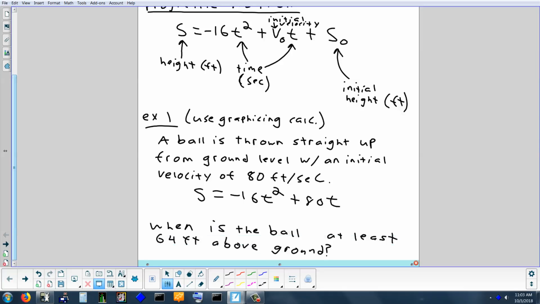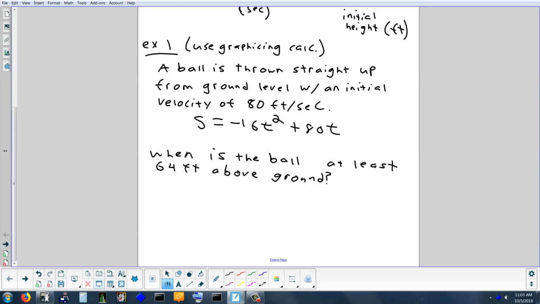So that's a formula that tells me my height of my object under these conditions. Now, they want to know when the ball is at least 64 feet above the ground. Okay, so what's in that box, that's the height of the ball. Now, if you want to know when something is at least 64 feet above the ground, what does that mean?